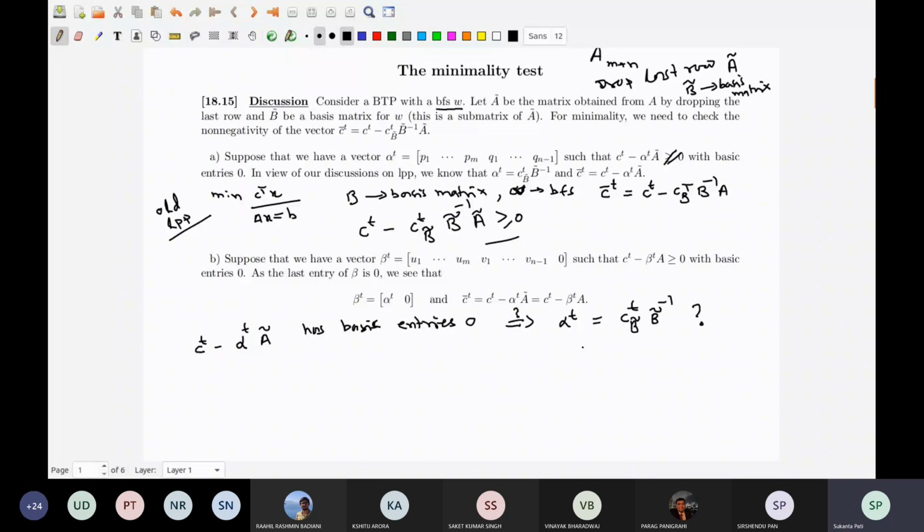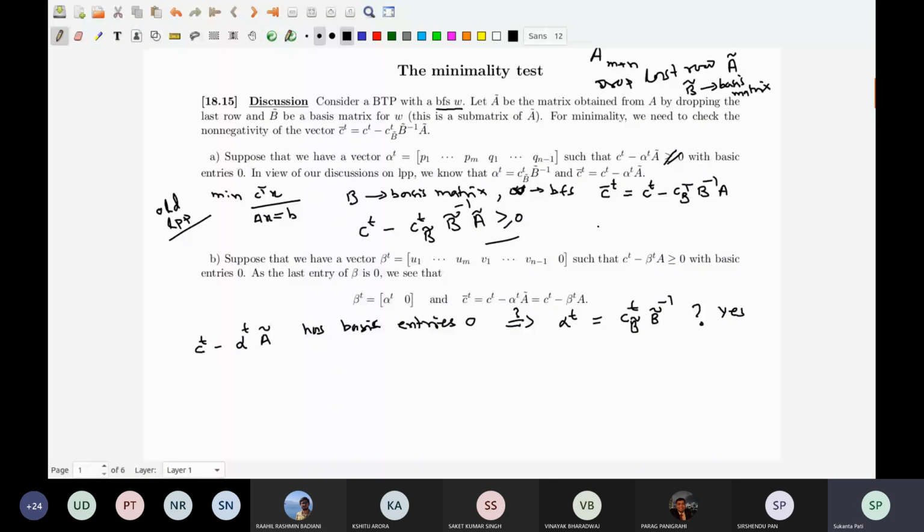If you do not remember, it is easy to remember. Let me recall it for the old LPP, what we did.